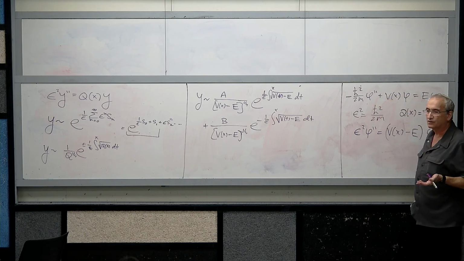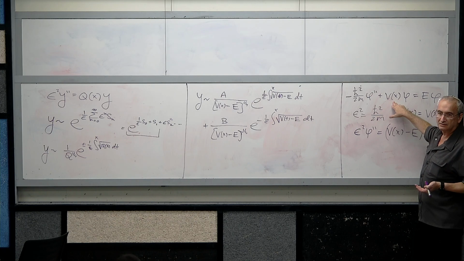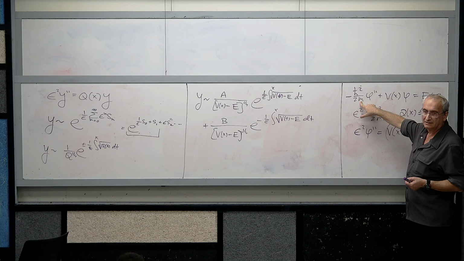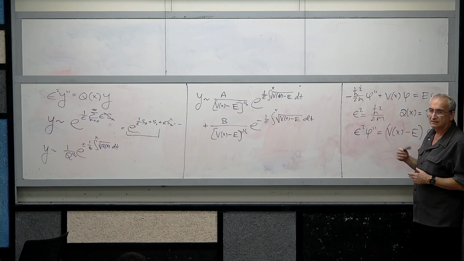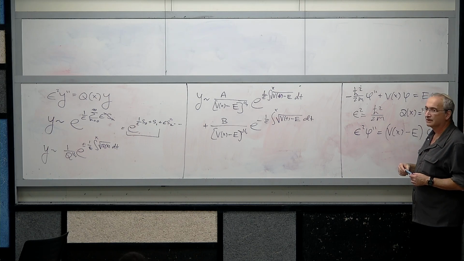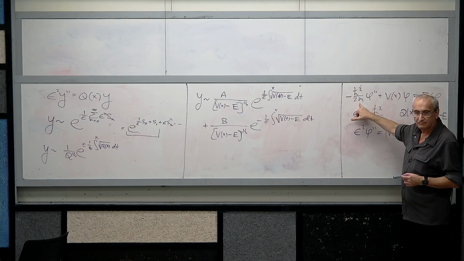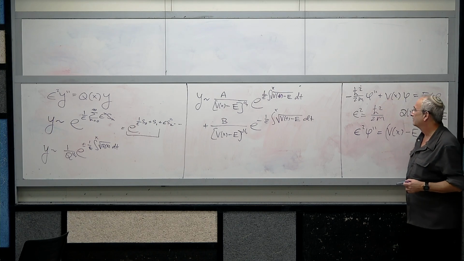Let's say the potential is 1 volt, then this is 1 electron volt, 10 to the minus 19. Here the mass of the electron is 10 to the minus 31, but h squared is 10 to the minus 68 or something. So this is still very, very small with respect to that. Good.